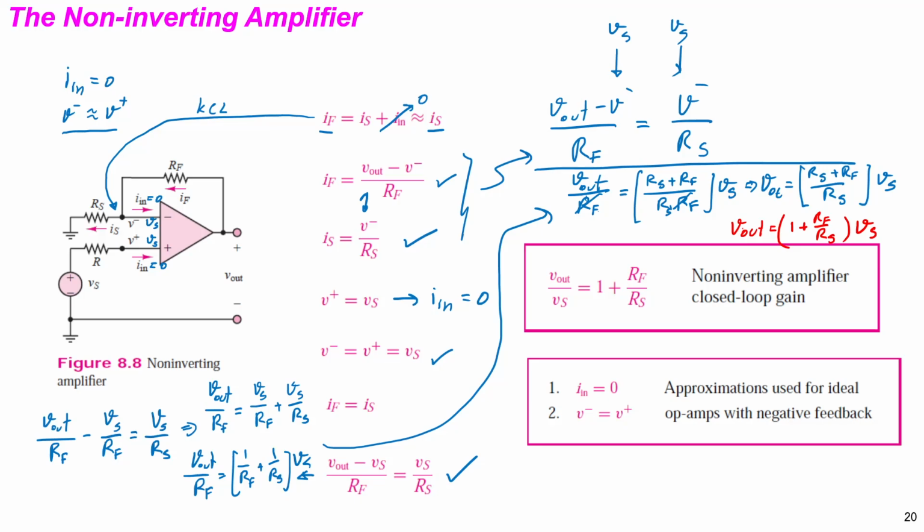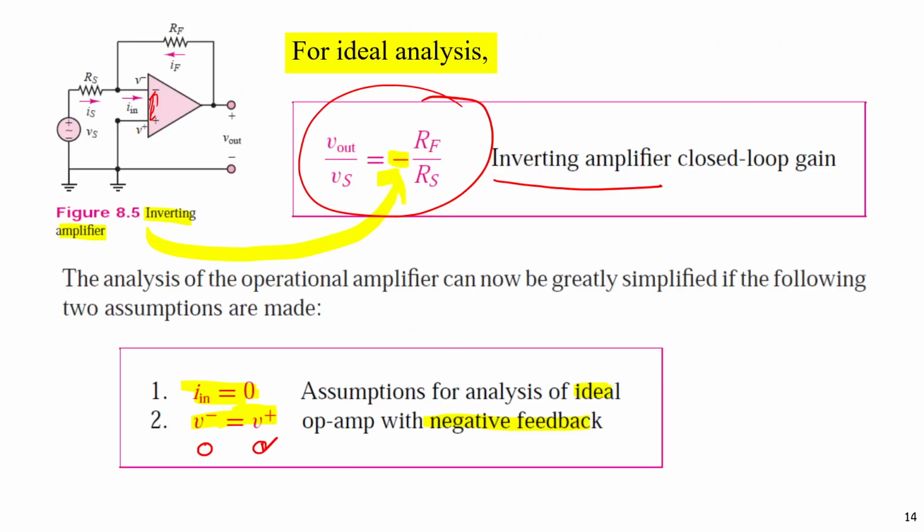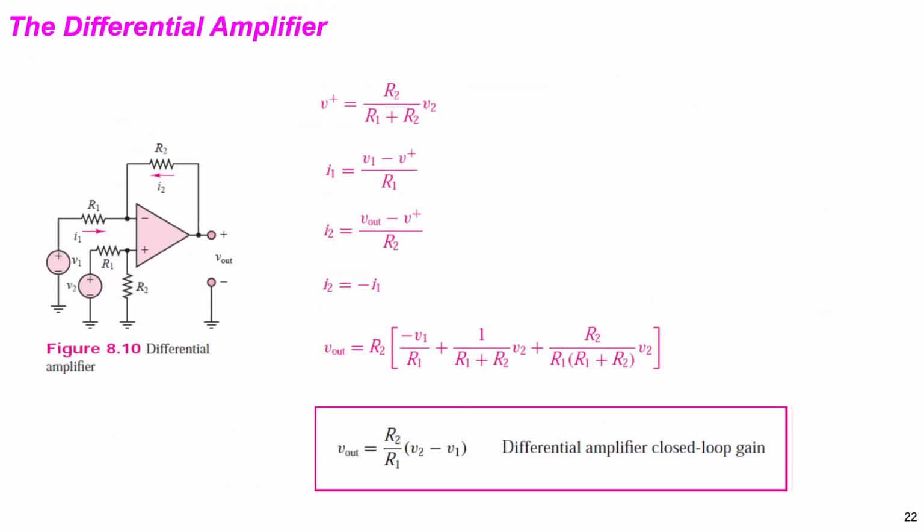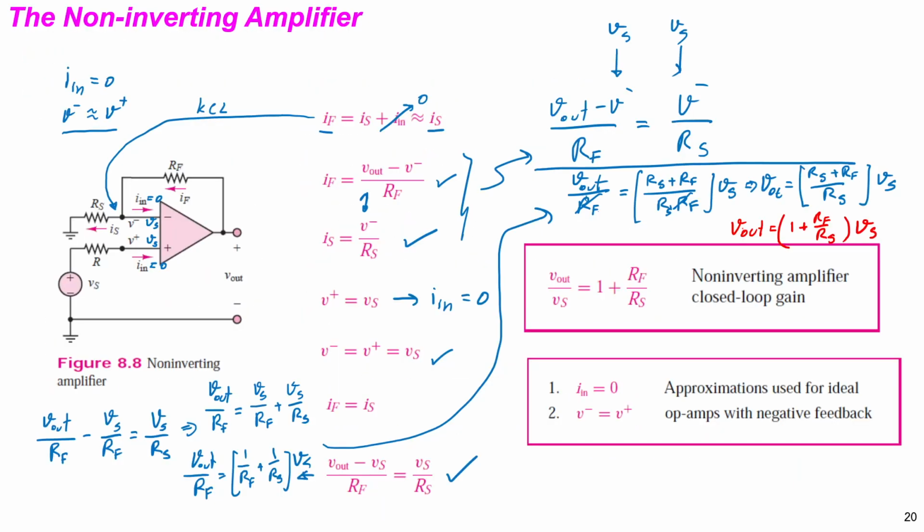Okay. So whatever Vs, we can get V out with this relation, with the proper selection of RF and RS. And the signal is not inverted; the gain is a positive value. What is different from the inverting amp? In the inverting amp, the gain is a negative value, but in this case the gain is positive.